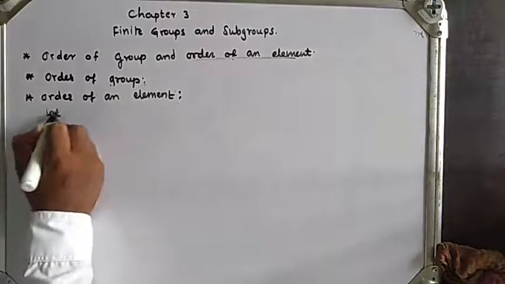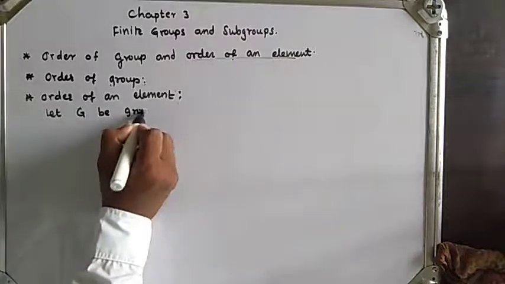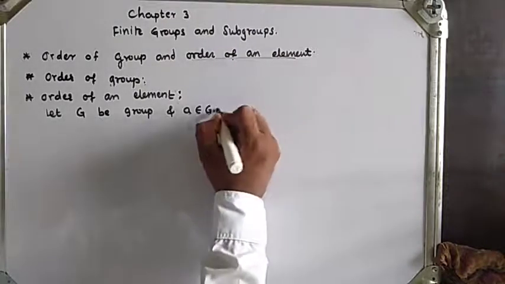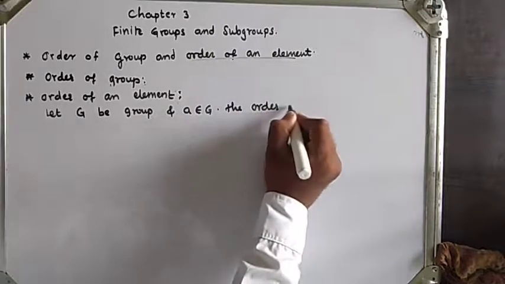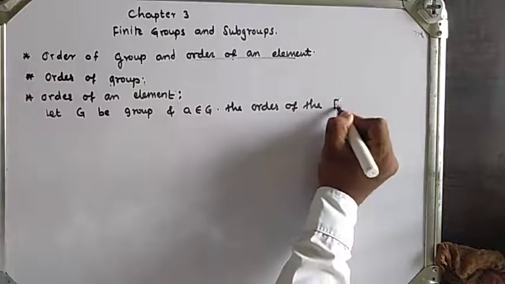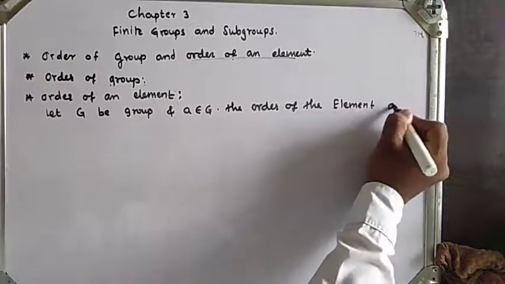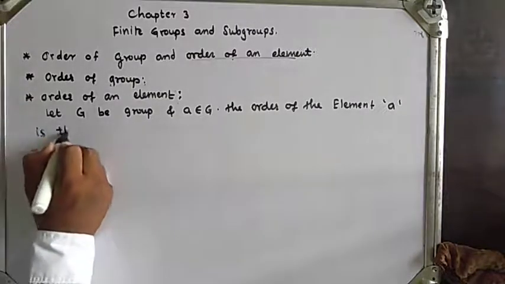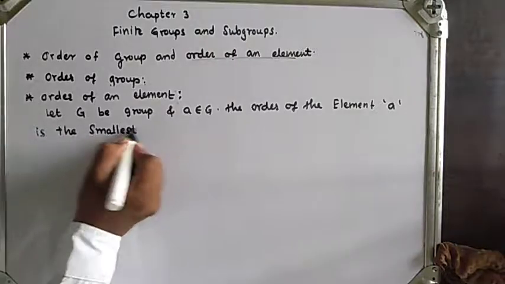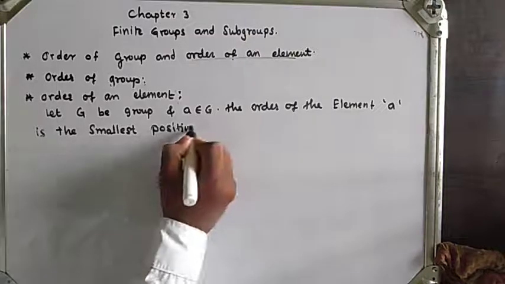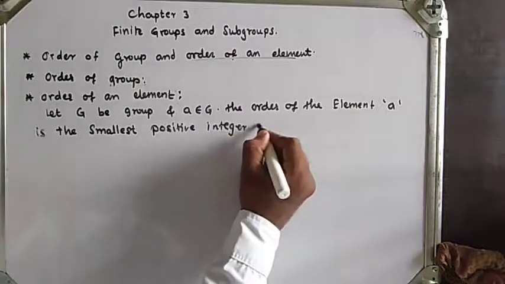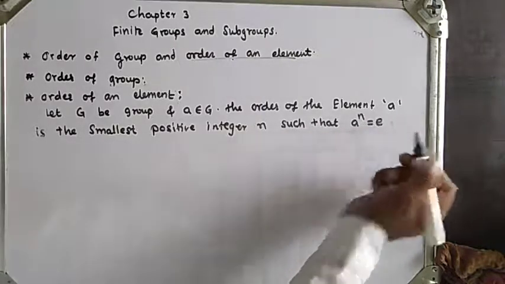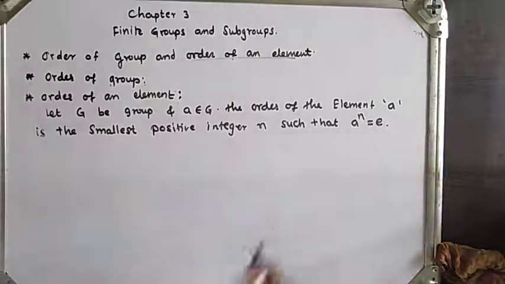Let G be a group and a belong to G. The order of element a is the smallest positive integer n such that a raised to n is equal to the identity, then we say that n is the order of that element.